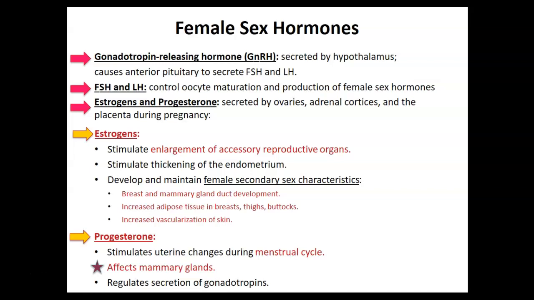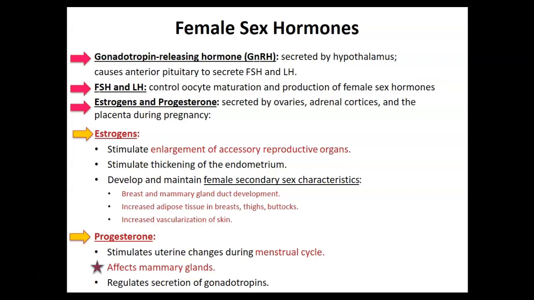So the estrogens, all three of them, are important for enlarging the accessory reproductive organs. They're responsible for stimulating the thickening of the endometrial layer of the uterus, and they're really important for developing and maintaining secondary sexual characteristics like breast and mammary gland and ductal development, so both. They're also going to lead to an increase in adipose tissue in the breast, thighs, and butt.